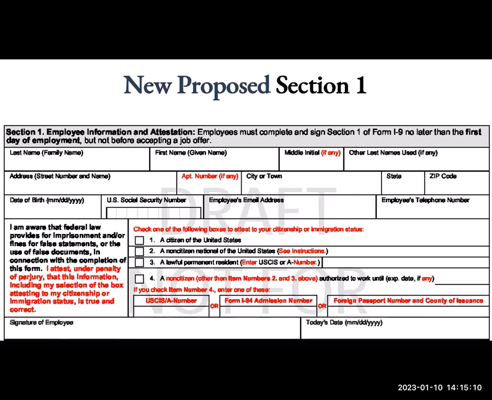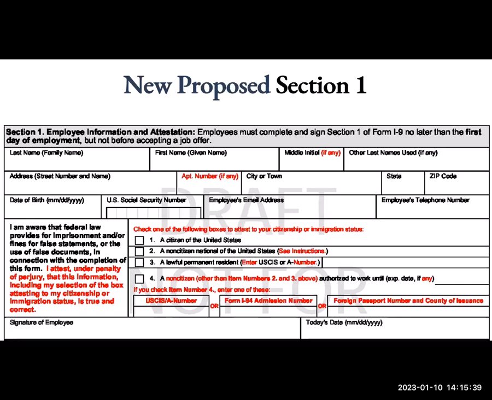Okay. So I was saying one of the bigger changes to section 1 has been this section where the worker certifies their immigration or citizenship status. So you can see all the reds in there. Obviously, a U.S. citizen is a U.S. citizen, then a non-national of the United States.